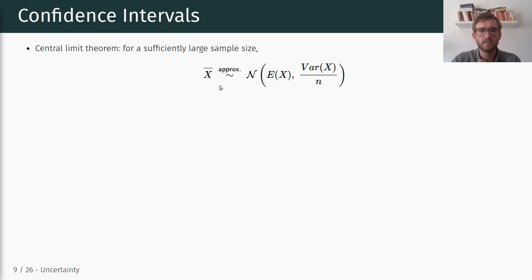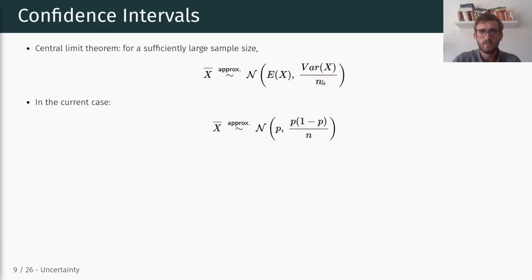So that means, given the central limit theorem, if the sample size is large enough, then the distribution of x bars across samples follows a normal distribution with the expectation of x, the true population parameter, and the variance of this distribution can be described as the variance of x, that's the individual random variable, divided by the sample size.